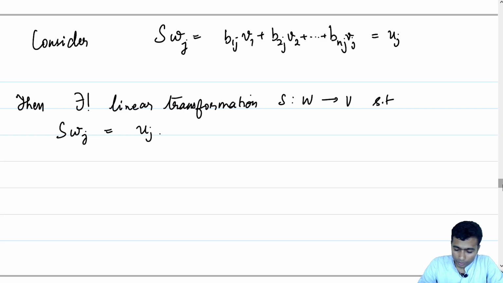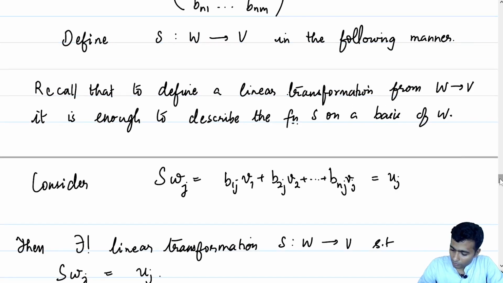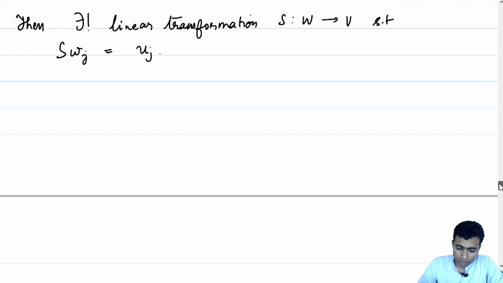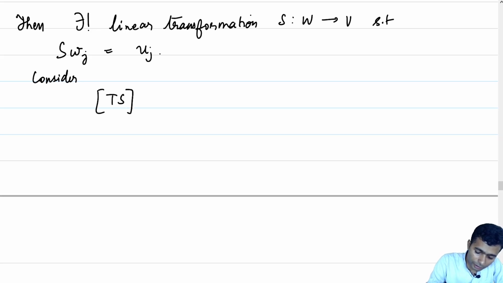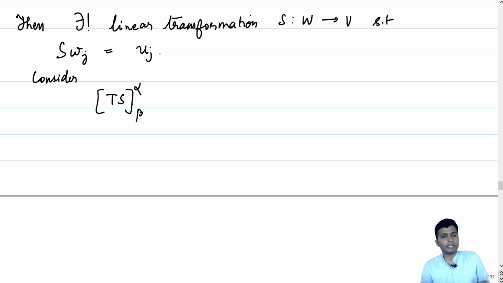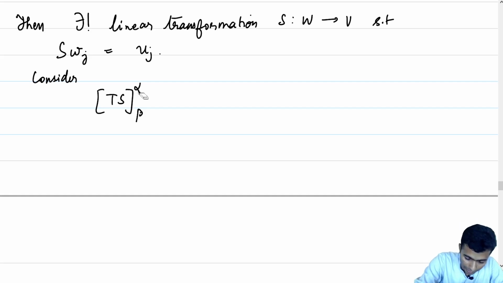So how do we go about proving that? Let us see what the matrix corresponding to TS is. Consider TS with respect to beta alpha. We know that TS is a linear transformation from W to itself, so this is not beta alpha, this is beta beta.